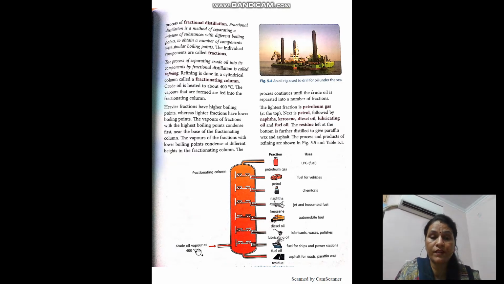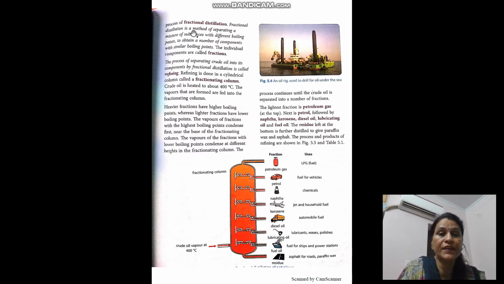Here crude oil vapors at 400 degrees Celsius are poured into this fractional distillation unit, and based on the boiling point, different fractions are formed. So this unit is known as fractional distillation.